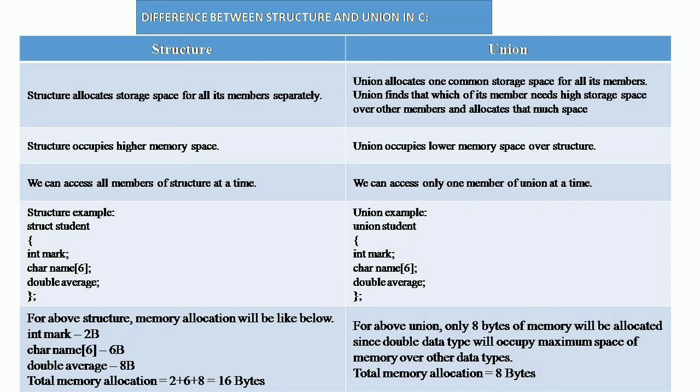For that, it takes more space compared to the others. In structure we have taken more space, but in union we take only low space. Memory allocation is 16 bytes, occupation is 8 bytes. But in structure the allocation is 16 bytes and the occupation is also 16 bytes.